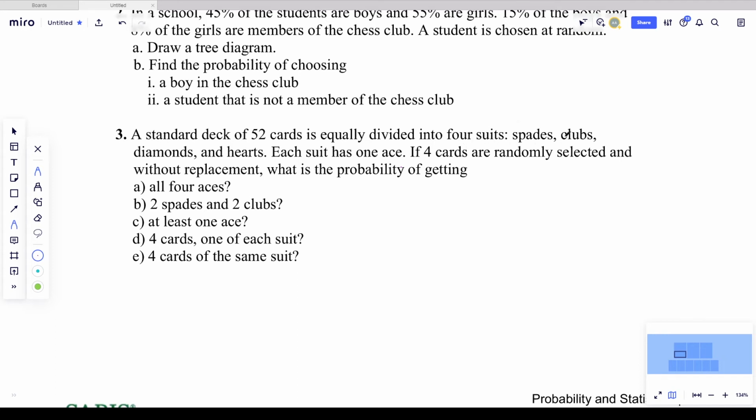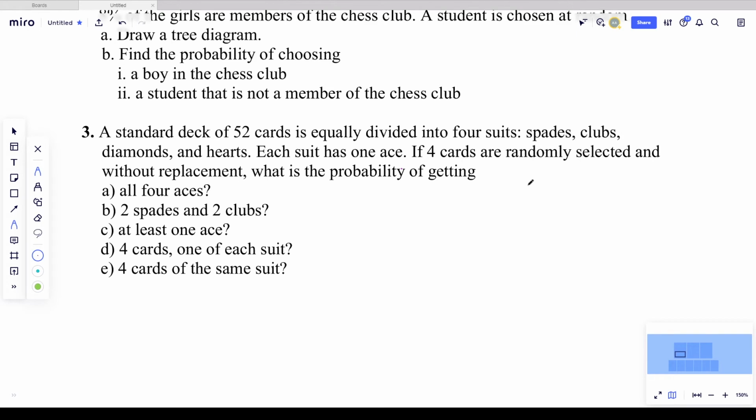As they said, each suit has an ace. And the rest are 2, 3, 4, 5, 6, 7, 8, 9. 10 is not there, yeah, 9. And then you have king, queen, and jack, I call it jack. So you have 13 basically in each suit. 13 times 4 is 52.